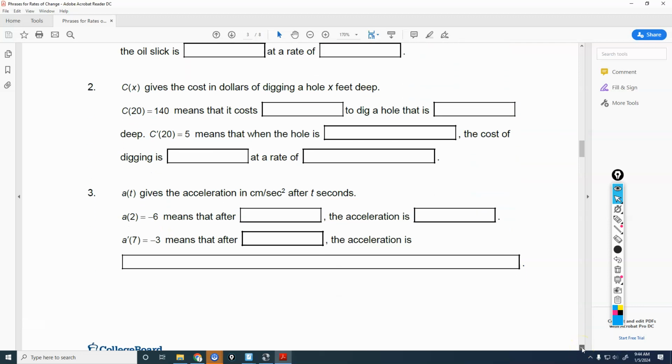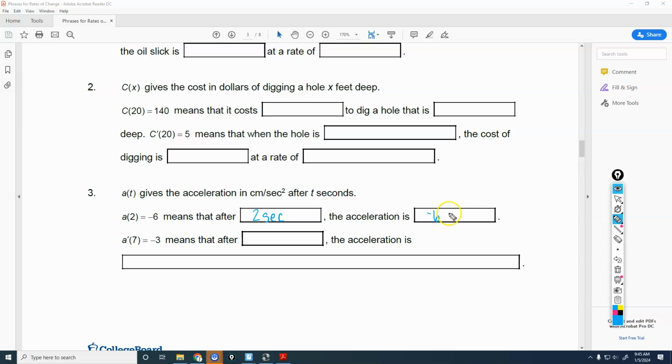A of t gives the acceleration in centimeters per second squared after t seconds. So A of 2 equals -6. That means after, what? 2 seconds. The acceleration is -6.